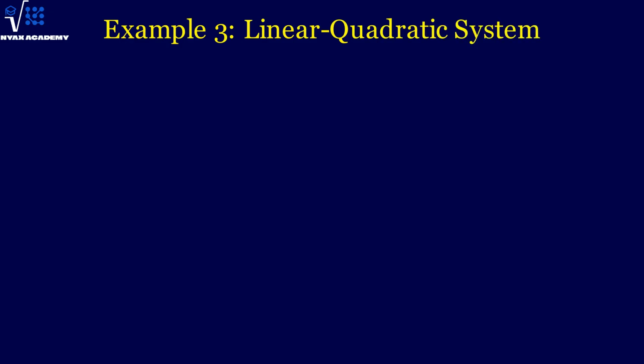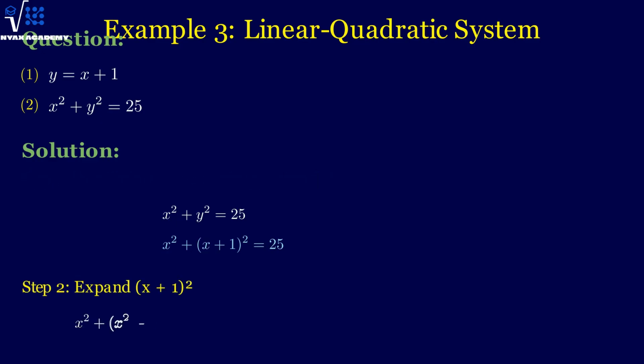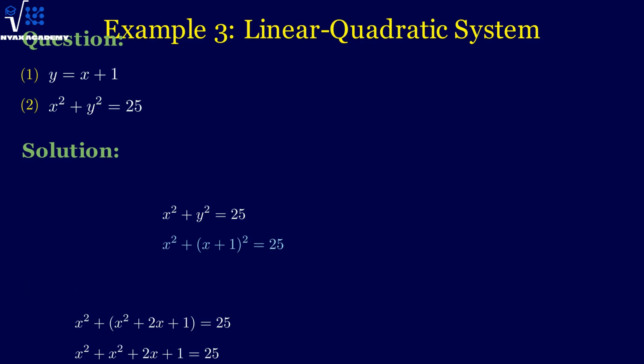We are given y is equal to x plus 1 and equation 2, x squared plus y squared is equal to 25. So we are going to substitute the value of y in equation 2 with that of equation 1, giving x squared plus open bracket x plus 1 close bracket squared is equal to 25. We expand our x plus 1 squared and simplify our equation, and we get x squared plus x minus 12 is equal to 0.